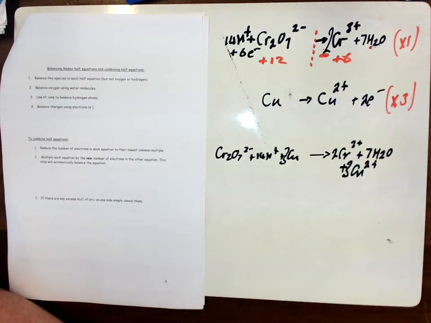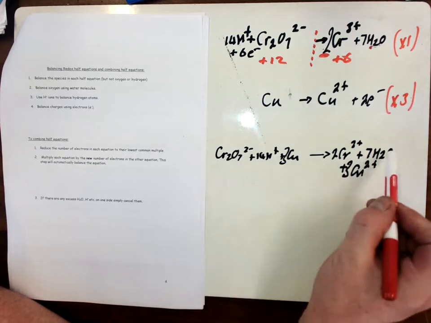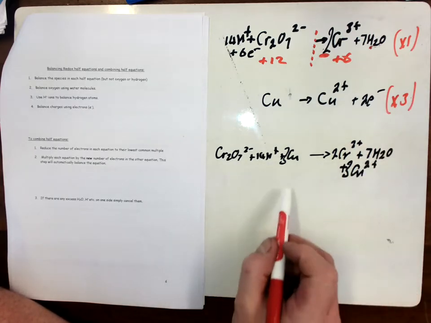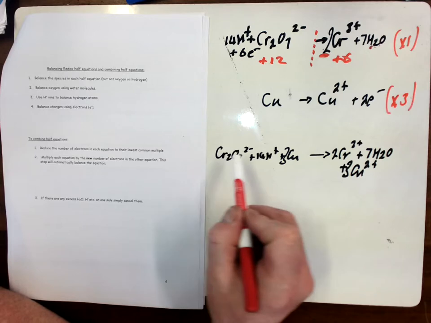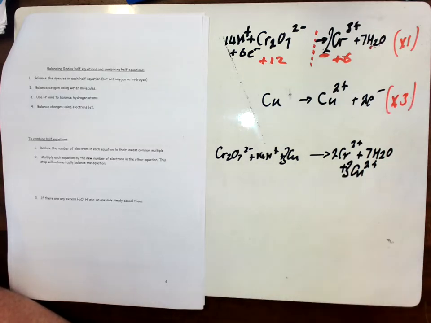You can quickly scan your eye through it and check 7 oxygen, 14 hydrogen, 14 hydrogen, 3 copper, 2 chromium, and the charges should be balanced out as well.